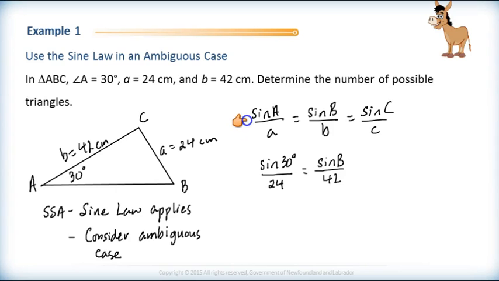So setting up our sine law and punching in the known values and recognizing we don't need this ratio in this problem, we've got this result.